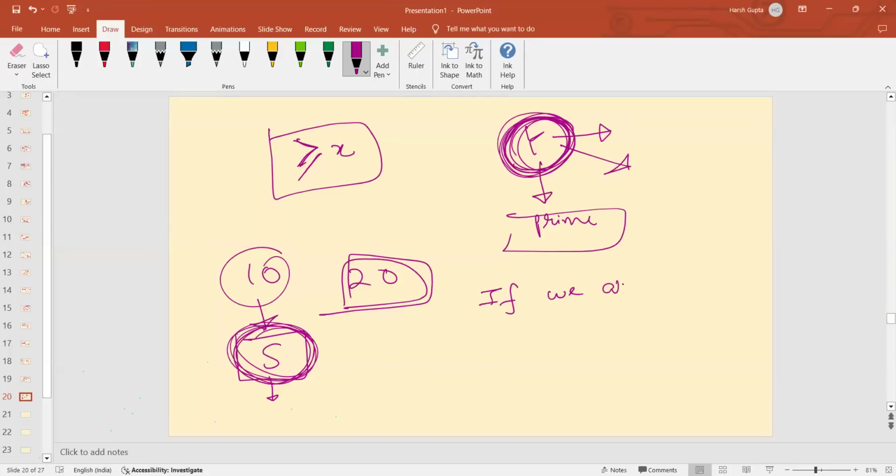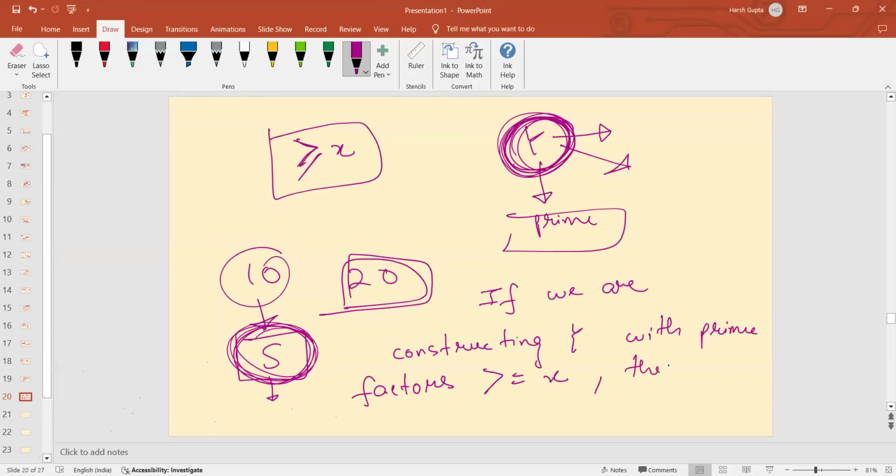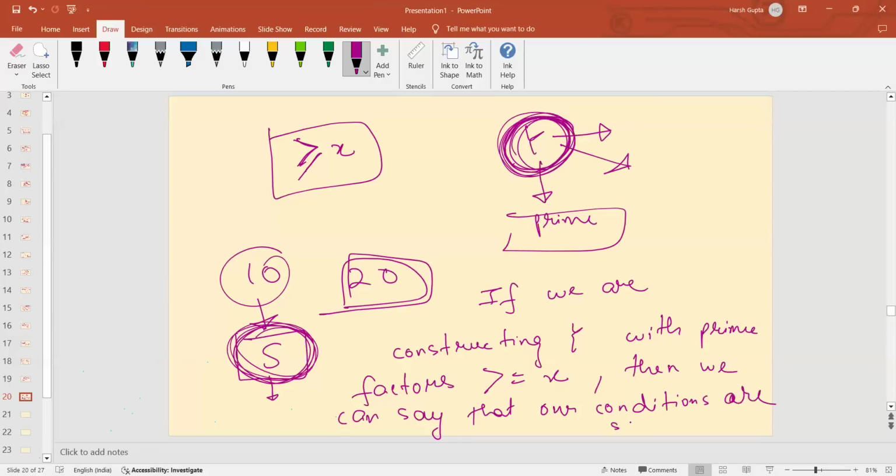If we are constructing y with prime factors greater than or equal to x, then we can say that our conditions are satisfied.